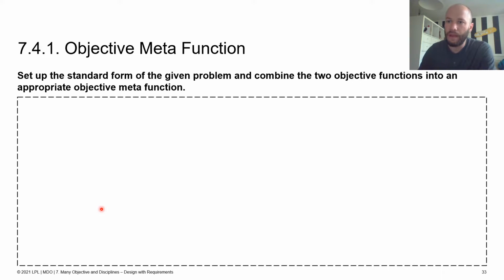And now since we have the standard form of the given problem and we have the objective functions and also chosen an appropriate formulation, we can now finish this task by writing down everything that is needed. So first of all, we write down our meta objective function, which is the worst case function. So we have the maximum operator, so we are only optimizing for each iteration on the worst quantity of interest with respect to the requirement. Here we have two-sided ones, so we have 4 terms.